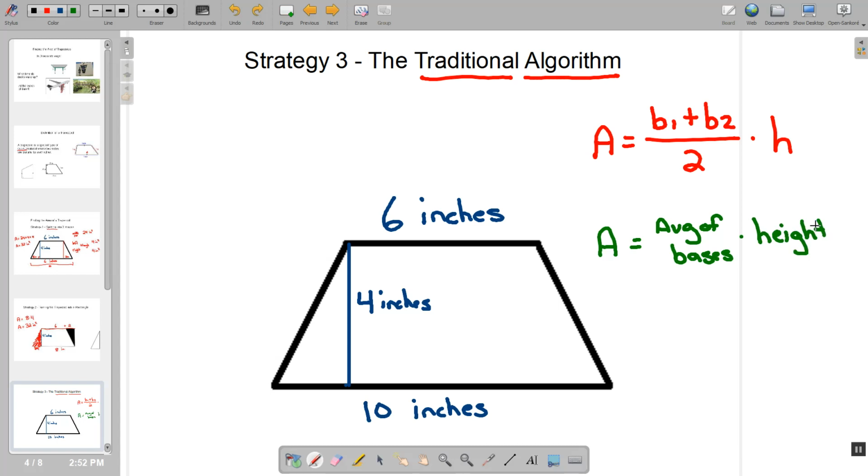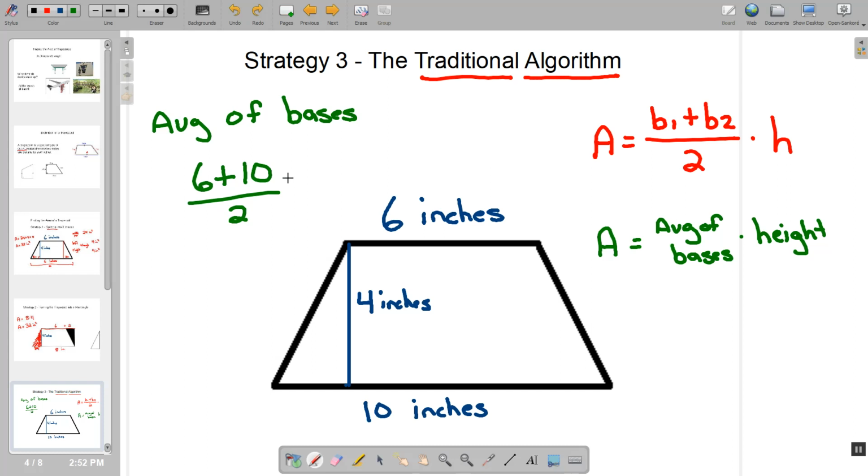A little bit easier to remember. It's just the average of the bases times the height. So our bases in this problem are 6 and 10. So to figure out the average of the bases, I'm simply going to do 6 plus 10 divided by 2.